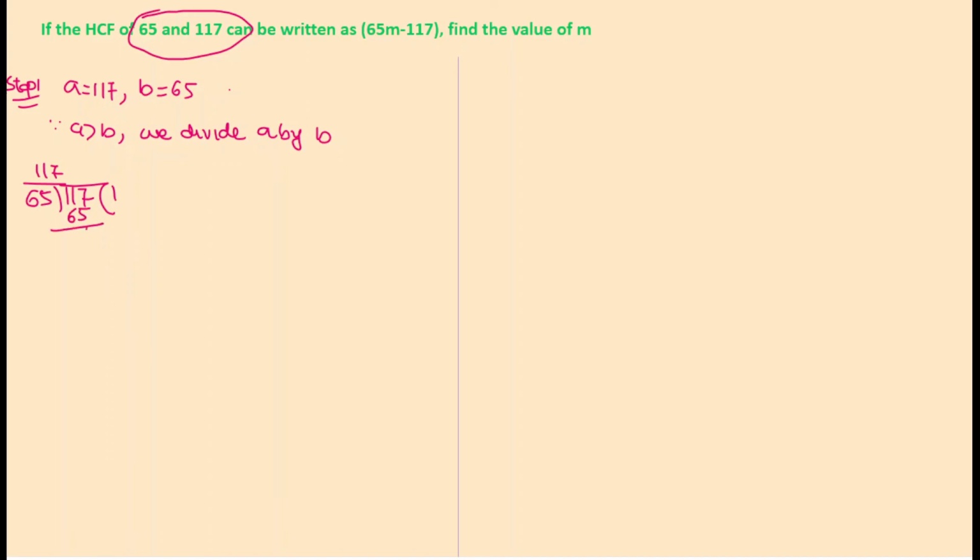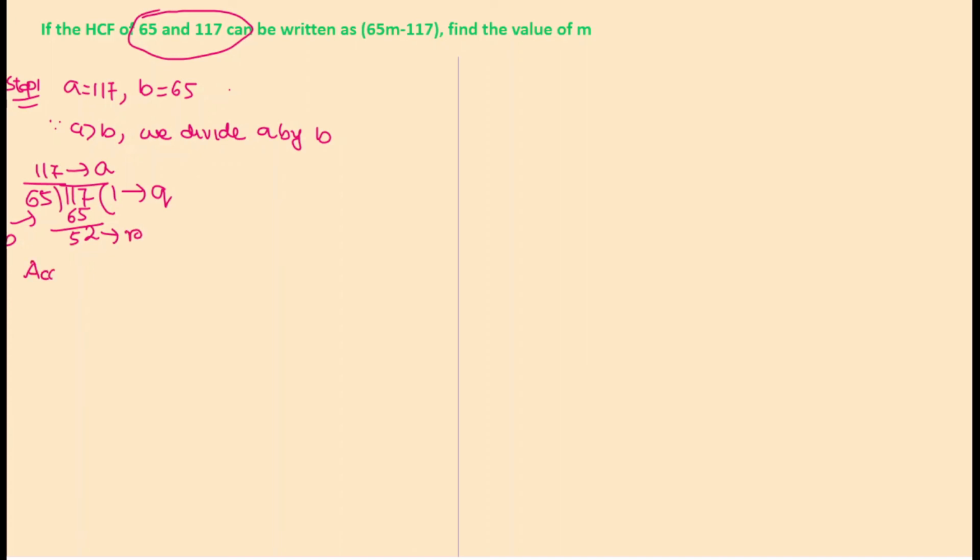So you are getting 52 as the remainder. So here A, 117, is the dividend, 65 is the divisor, Q is the quotient, and R is the remainder.